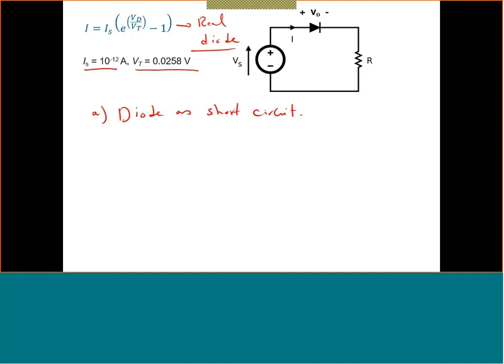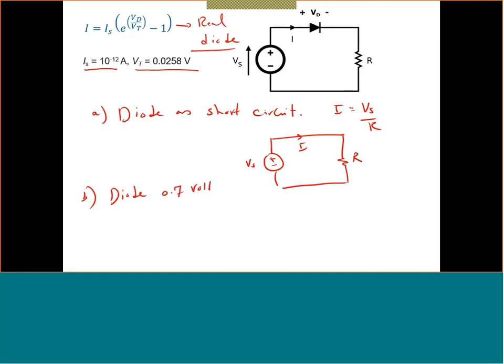So if this is a short circuit, your circuit would be something like this: Vs, short circuit, and an R. So this current I is basically I equal to Vs divided by R. That's it. Or sometimes you deal with the diode as having a fixed voltage drop, 0.7 volt. So your Vd is equal to 0.7 volt.